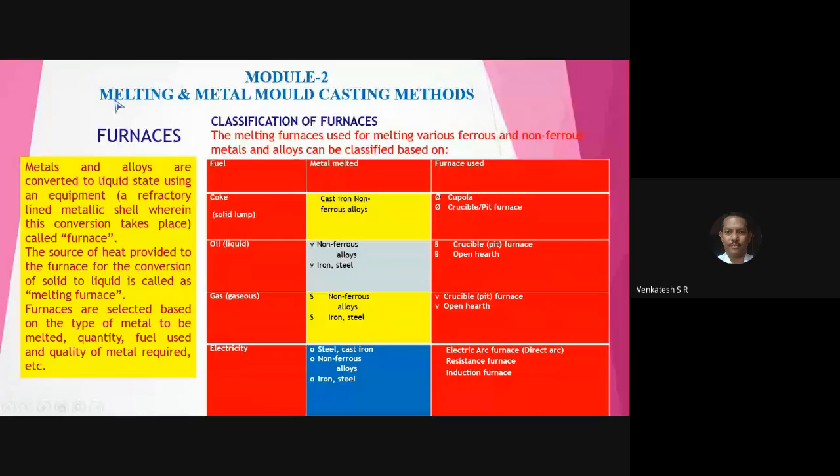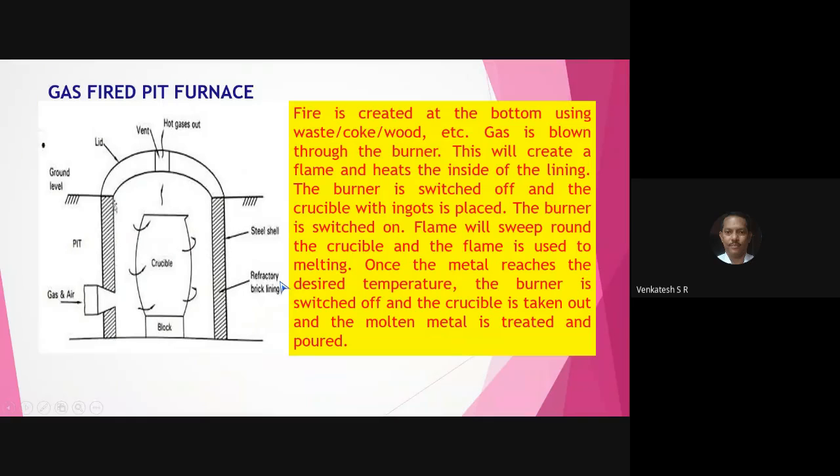The furnace means the refractory lined metallic shell used to convert the solid metal into liquid metal. The type of fuel may be coke, oil, or gas fired, or electric. Next, we discussed the gas fired pit furnace.